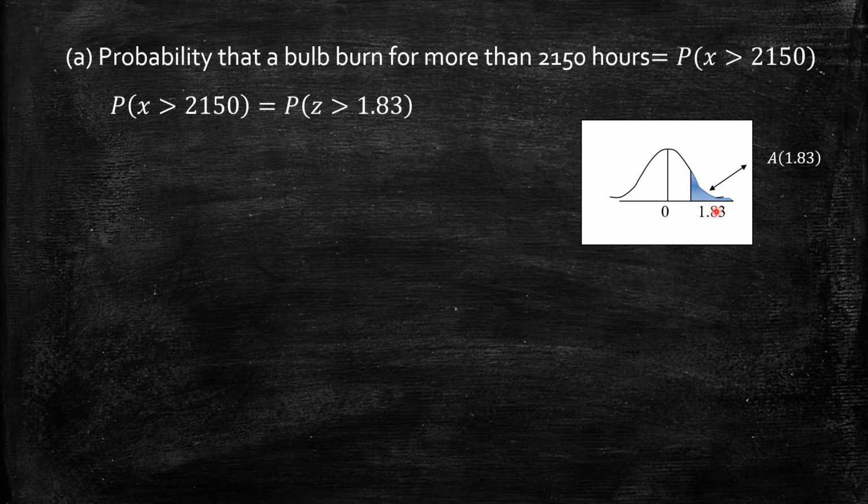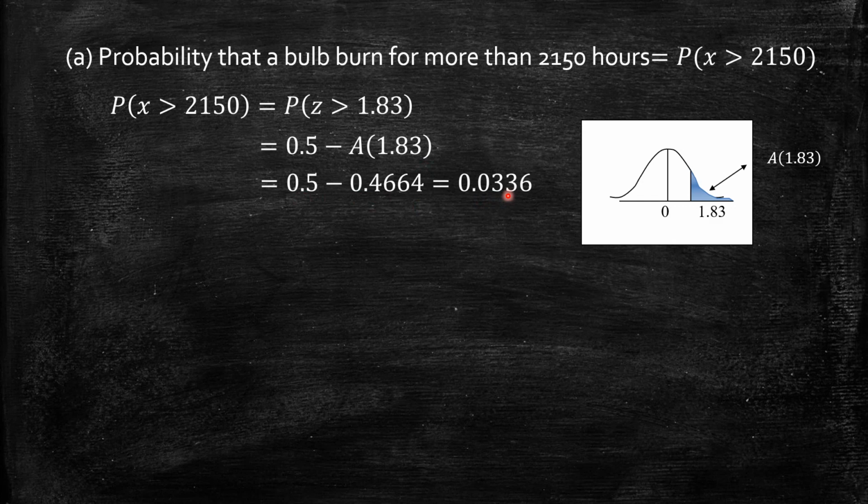Now if I want to use the standard normal table for this area, how can we get it? That is the total area of the right tail, 0.5, minus the unshaded area from 0 to 1.83. That gives the required area. We get A of 1.83 from the standard normal table, which is 0.4664. Simplifying, we get 0.0336.